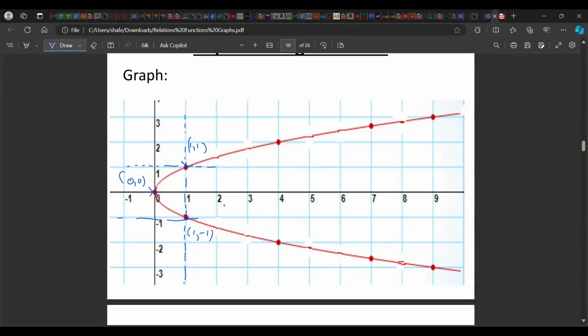And then here, anywhere here is 4. Down here is 2 on the output axis, and down here is -2. So this point here is 4, 2.